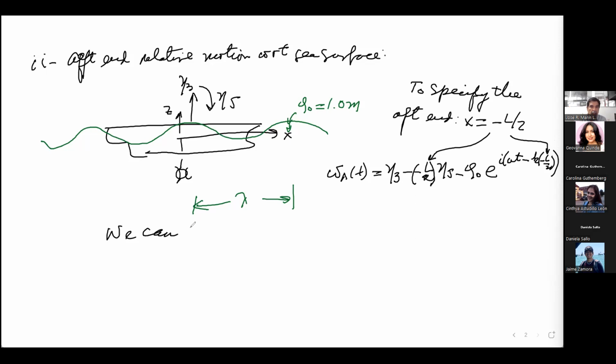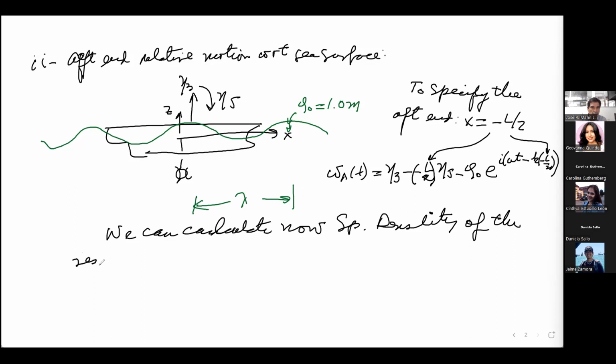We can calculate now, okay, the spectral density of the response. So the spectral density of the response is going to be equal to, do you remember how to evaluate this spectral density of the response?